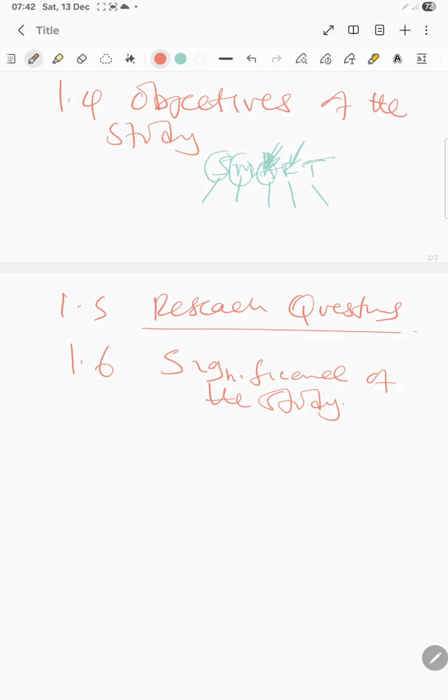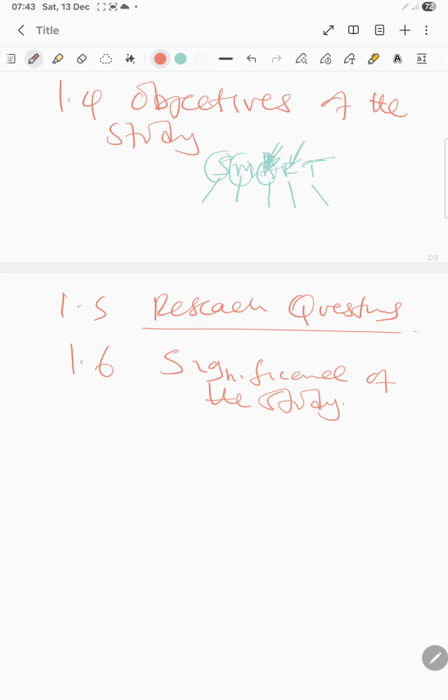So what is it that people are going to benefit from this research that you are writing? What is it that you'd want to help or contribute to the society, to the district and the country at large? That is the significance of the study.